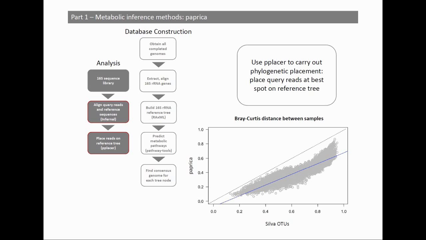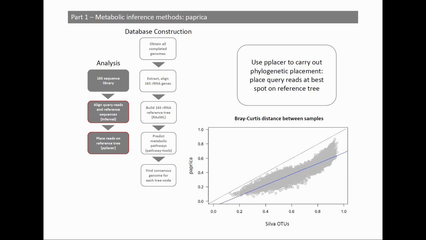Now, this is very different than how most people do community structure, so it's worth a little bit of further discussion. One thing that we've done is to try to understand whether within sample or between sample distance is well retained by this method, which indicates that it's working well. So what you see here on the left side of this plot is the distance between a set of samples given by the method used by PAPRICA and distance between a set of samples given by Silva OTUs at 97% similarity.